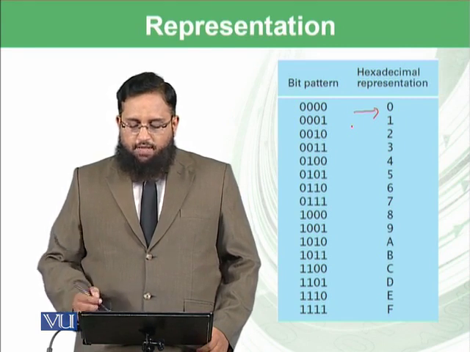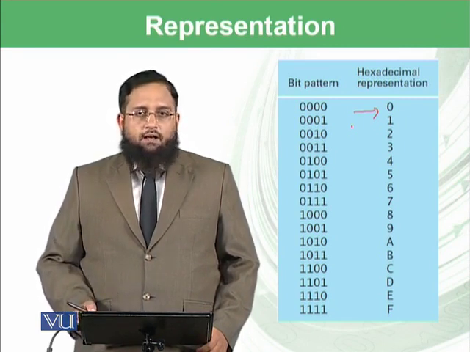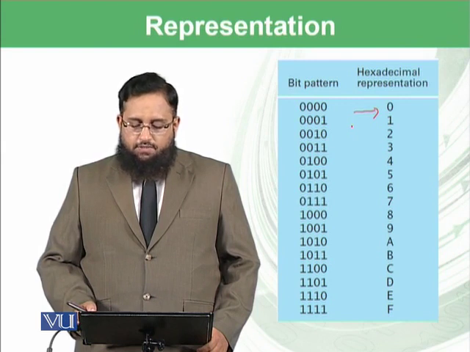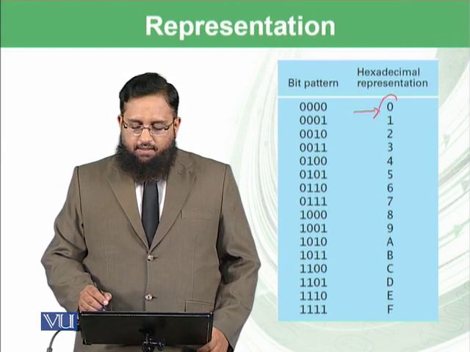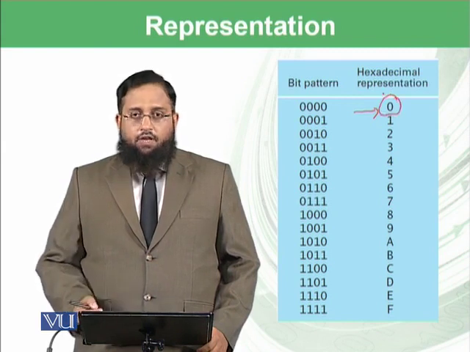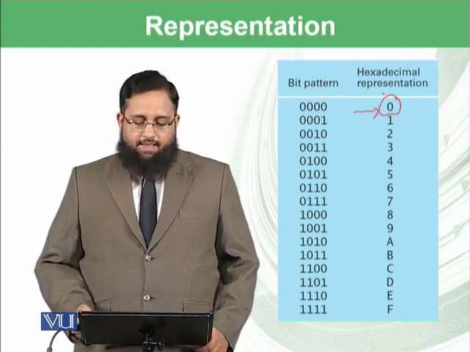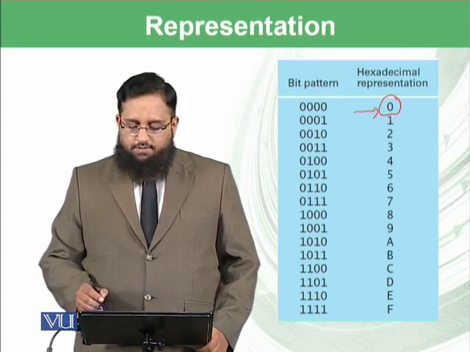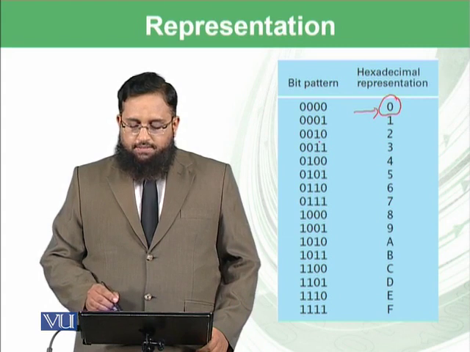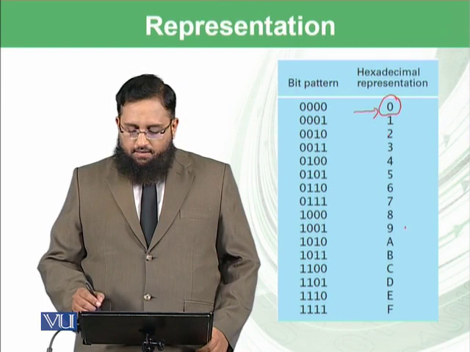For example, if you come across the bit pattern 0000, it would be represented in hexadecimal notation by only 0. And if you have 0001, that would be translated to 1. 0010 would be translated to 2, up till 9.